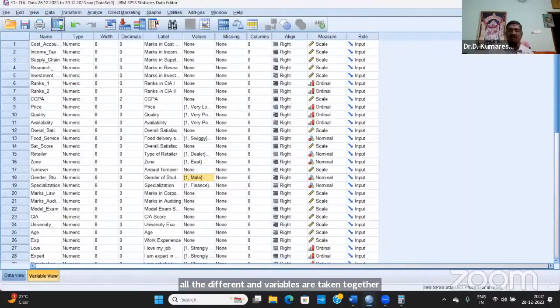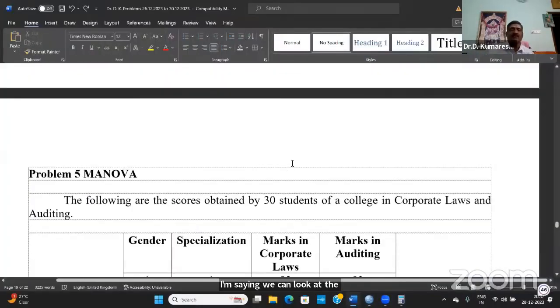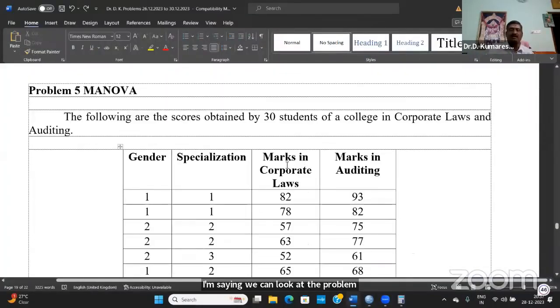Once again, we can look at the problem. Two dependent variables in the scale data, two independent variables in the categorical data. In such a case, we have to go for MANOVA. So understand where we should apply MANOVA.